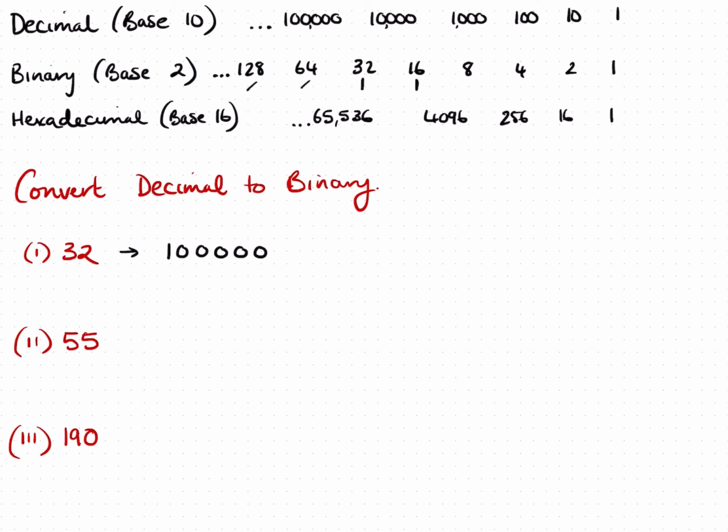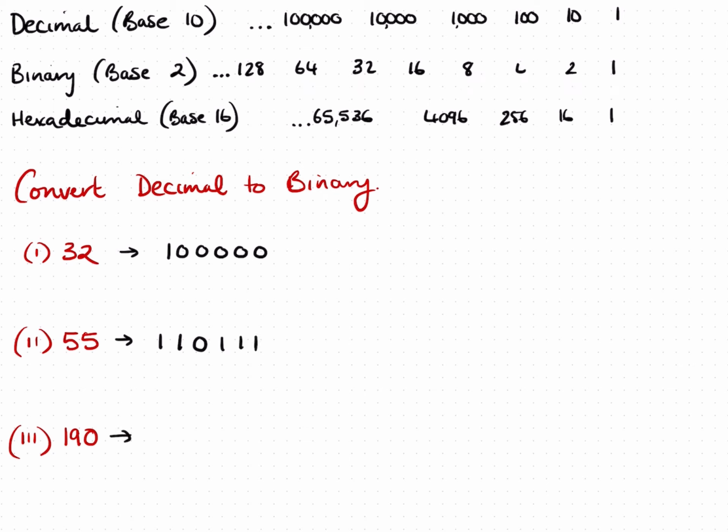Now with a 16 and a 32, that leaves us at 48, so we're just 7 shy. 8 is too big, so we can't take 8, but we can take a 4, which leaves us 3 short. We'll take the 2, which leaves us 1 short, and we'll take the 1, which finishes us off at 55. So writing down our final answer, we end up with 110111.